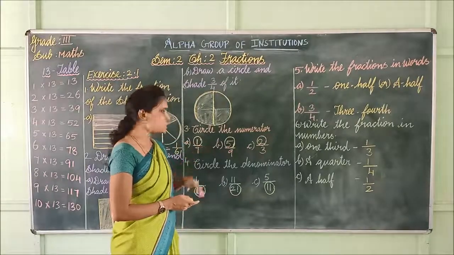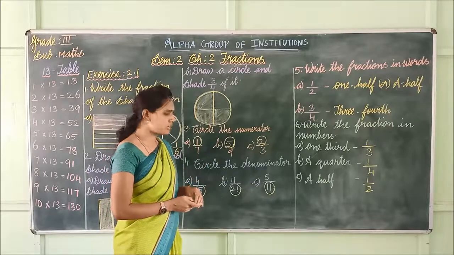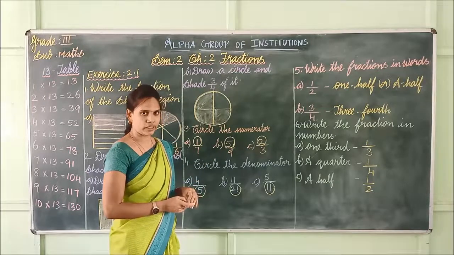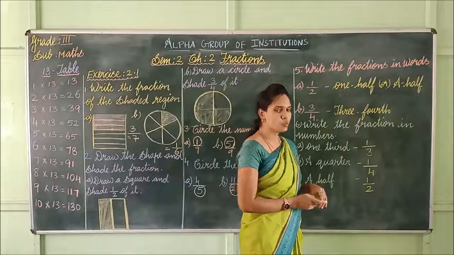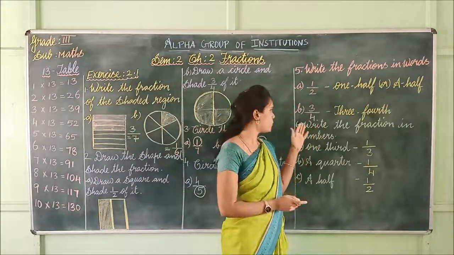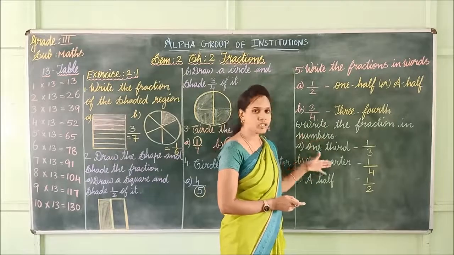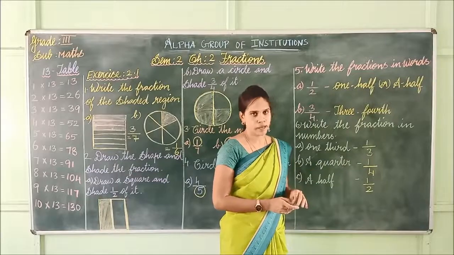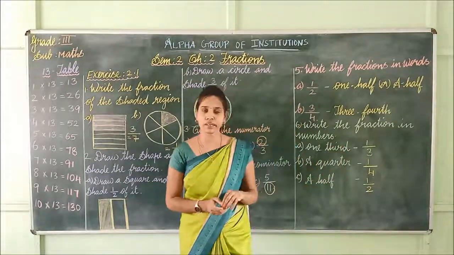You know which one is numerator and which one is denominator. Next, write the fraction in words. They have given in numbers, we have converted into words. And next, they have given in words, we have converted into numbers. So this exercise will be very easy for you.